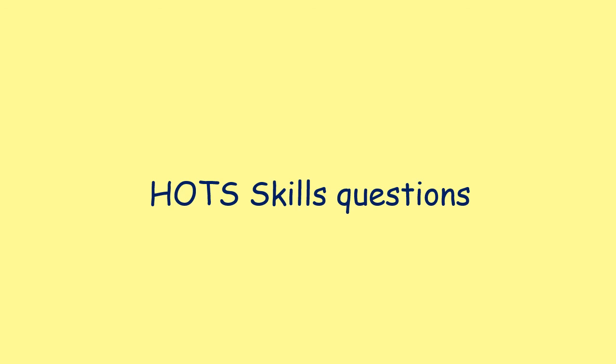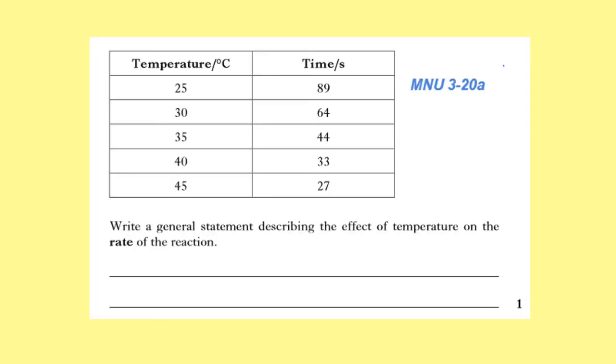And finally, we've got a maths question. All of this has been revision. What we've got here is temperature and time. What we're looking for is a general statement describing the effect of temperature on the rate of the reaction.